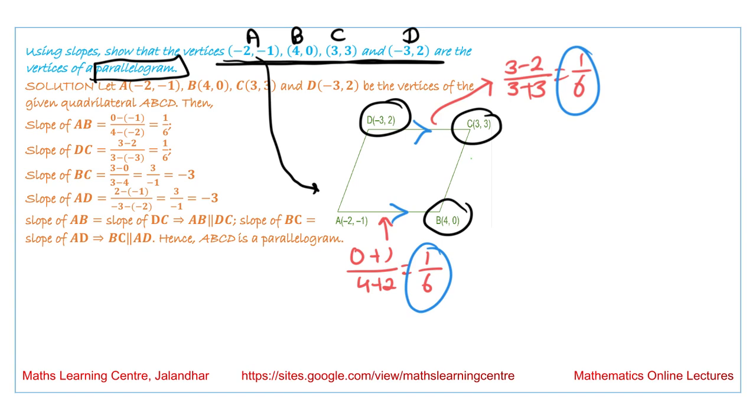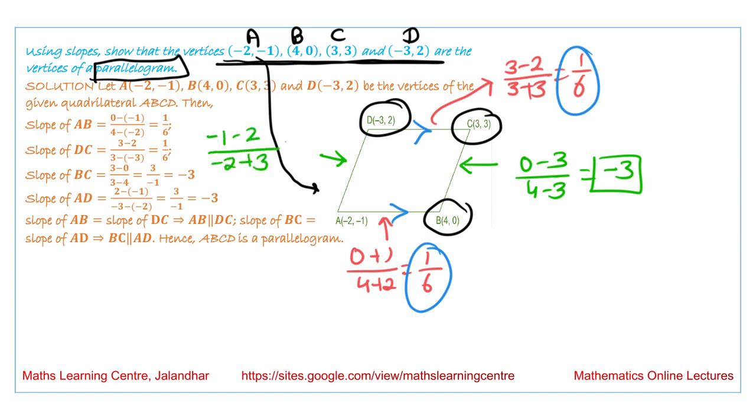Next, if we calculate the slope of this line, it is (0 minus 3) over (4 minus 3). The answer we have is equal to minus 3. And the slope of this line, when we calculate, is (minus 1 minus 2) divided by (minus 2 plus 3). The answer we have is minus 3.